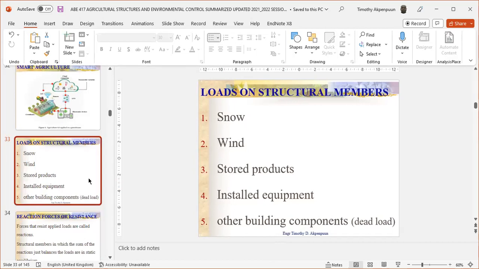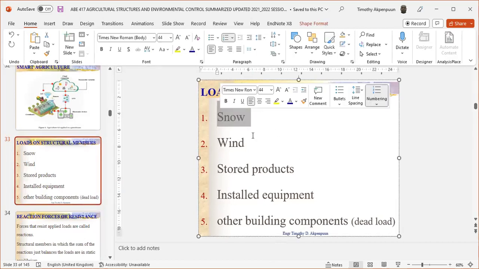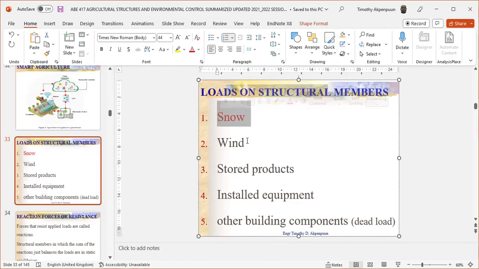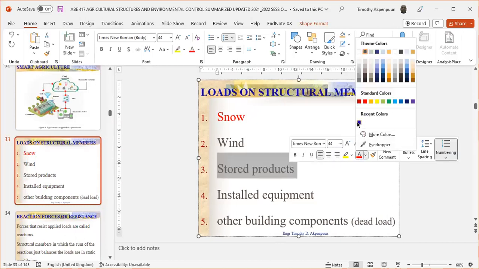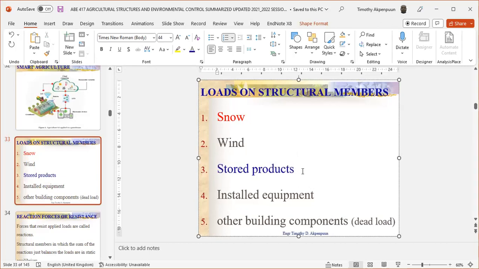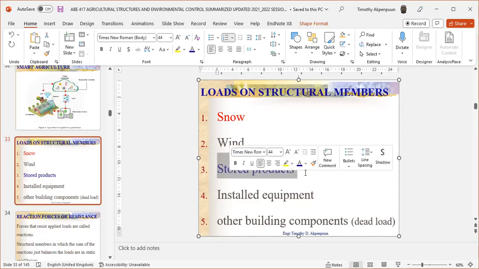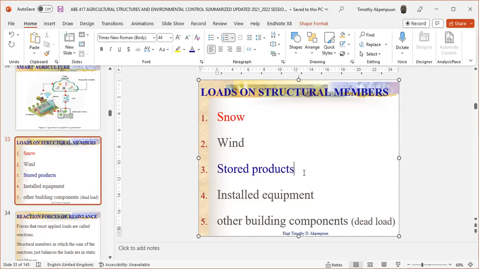So you have different kinds of loads. You have snow loads, but fortunately, in the tropical regions, we have no issue with snow. But we have wind, and we have stored products, which are basically for structures like silos, storage structures.